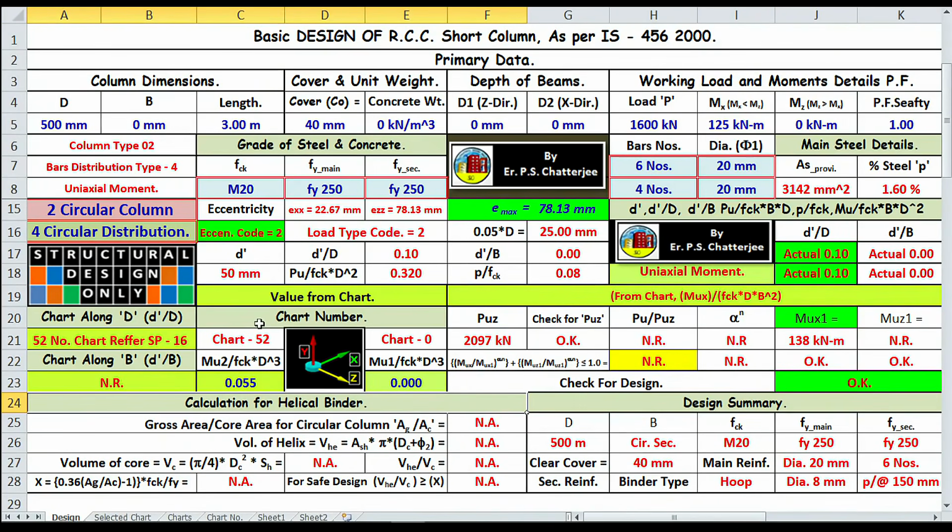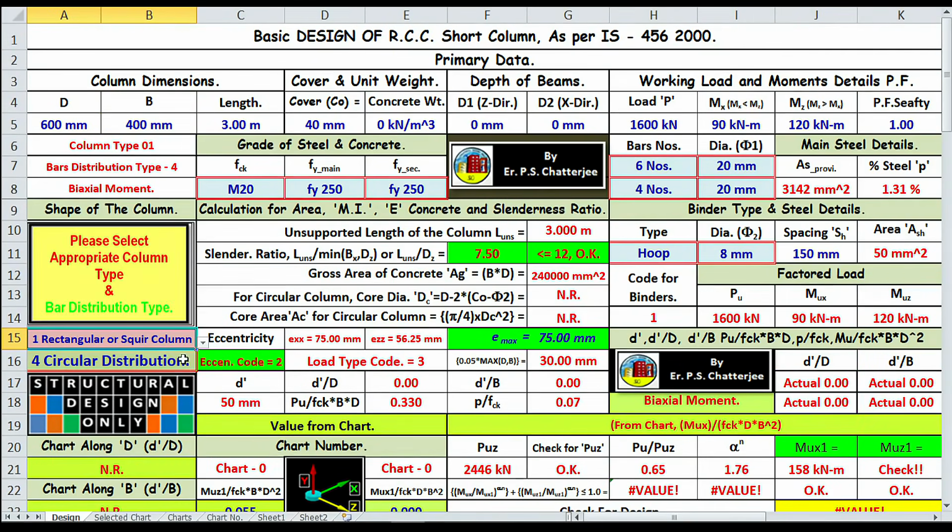Now I'm trying a square rectangular column with biaxial moment. Size of the column 400 by 400 mm, length 3 meter, clear cover 40 mm, load 1600 kilonewton, Mux 90 kilonewton meter, Muz 120 kilonewton meter.